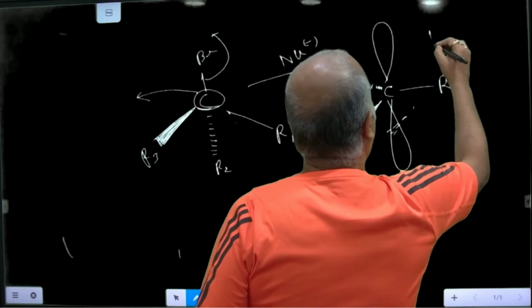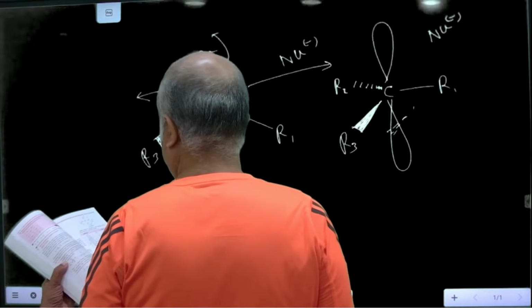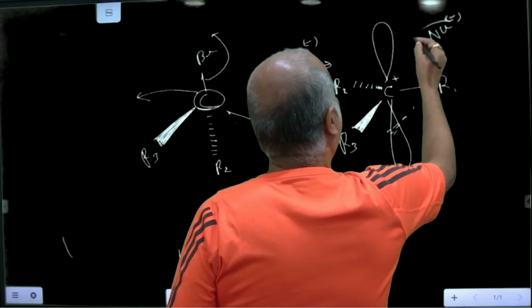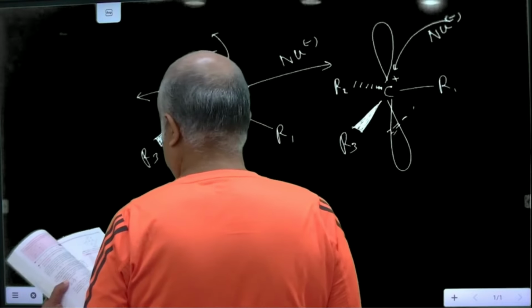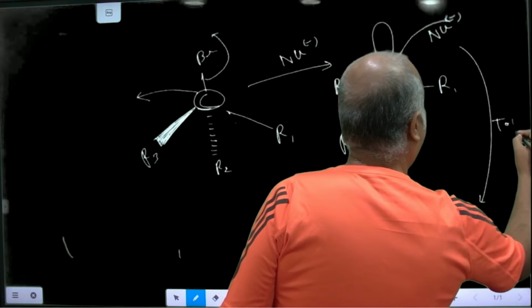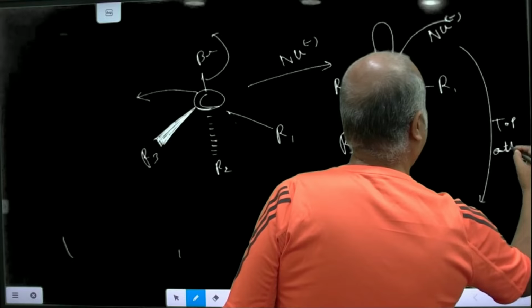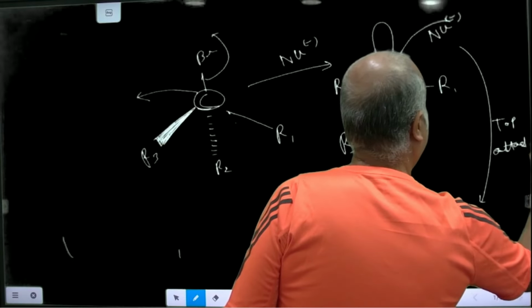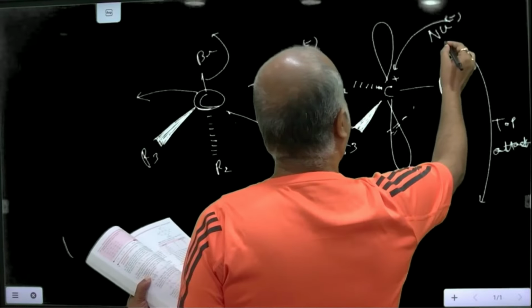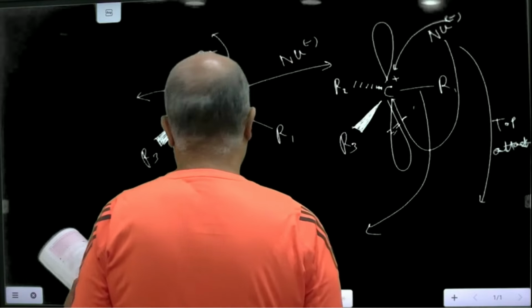Any nucleophile, I will take this nucleophile. This nucleophile attacks the positively charged carbon from this angle, that means top attack. And another nucleophile can attack at that part, that means bottom attack.